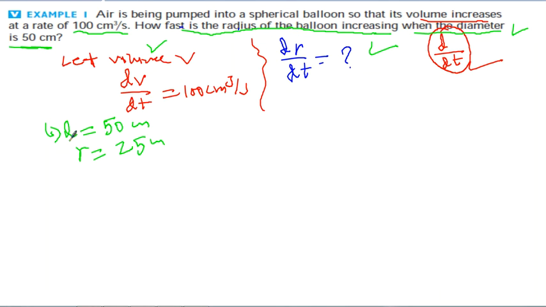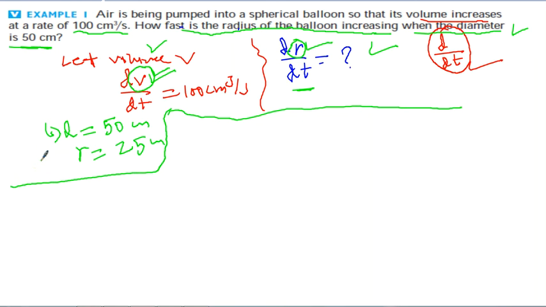Now we are going to solve the problem. While solving, what we focus on more is how we can use whatever we have to the maximum. So here I have the volume, dV upon dt, and I want to find dr upon dt. I know there is a connection between volume and radius of the sphere. So my first job is to formulate whatever I have.